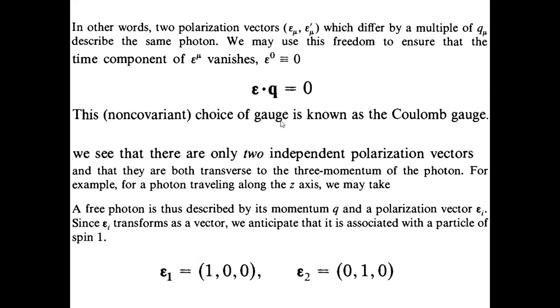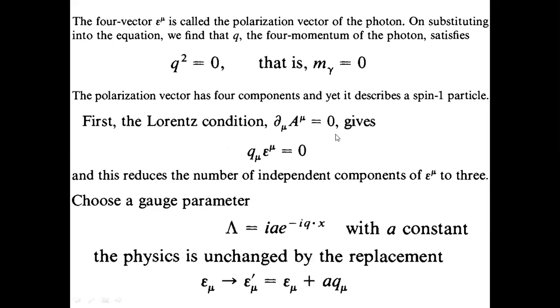So this is a Lorentz condition. Once we put this ansatz into this equation, we get this condition. Now we choose the lambda parameter in such a way that the zeroth component of epsilon mu, that is, the time component of epsilon mu, goes to 0.